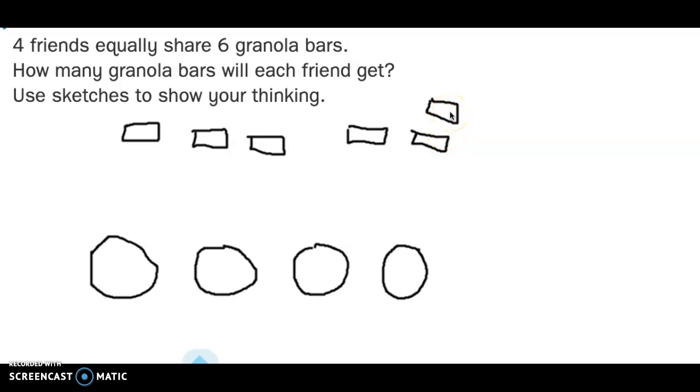Now I got to think, how can I share with each friend equally? Well, I can give this one to this friend, and I can give this one to this friend, and this one to this friend, and this one to this friend.